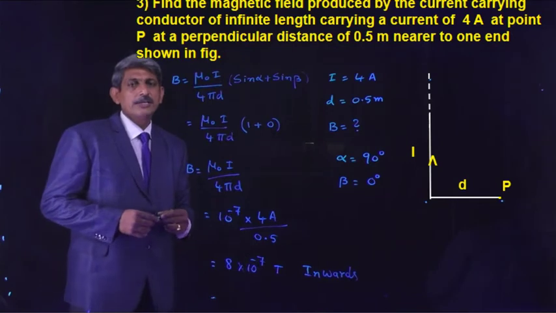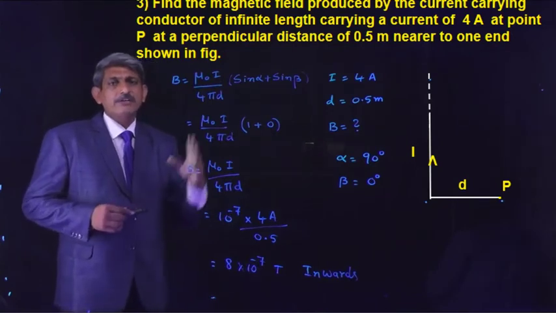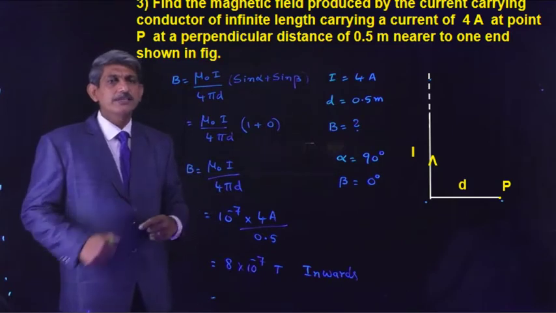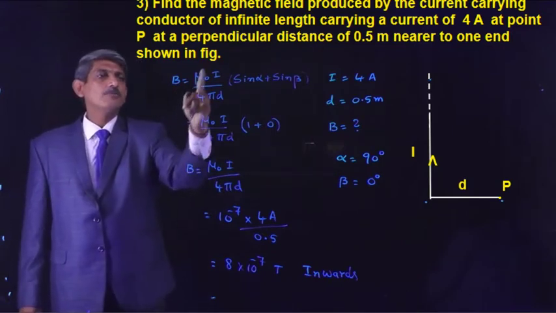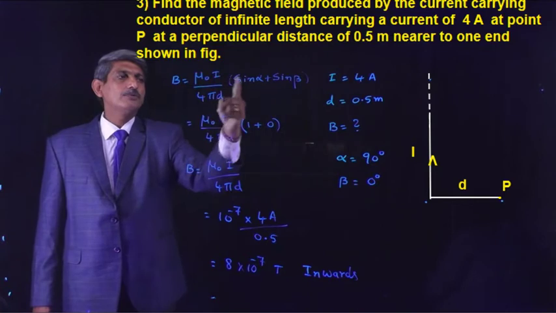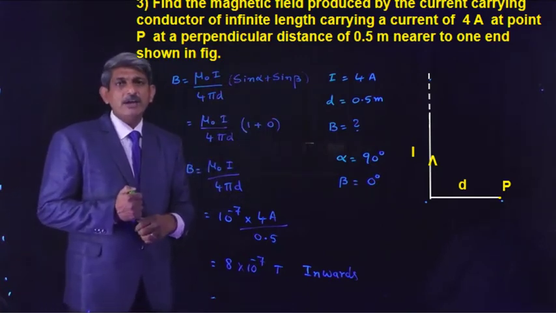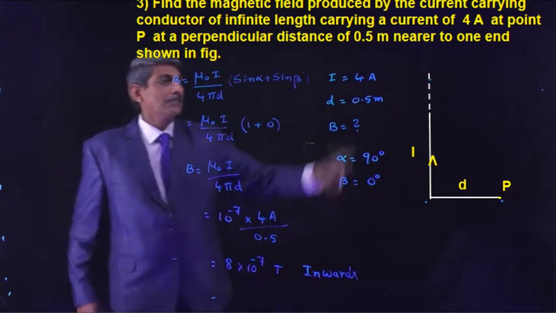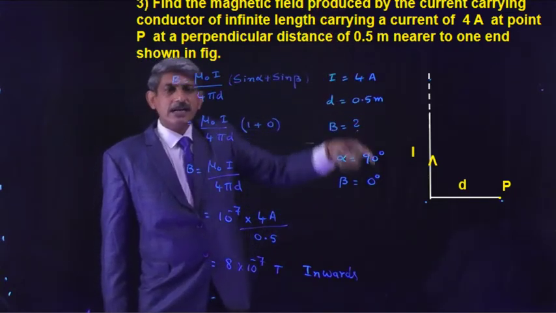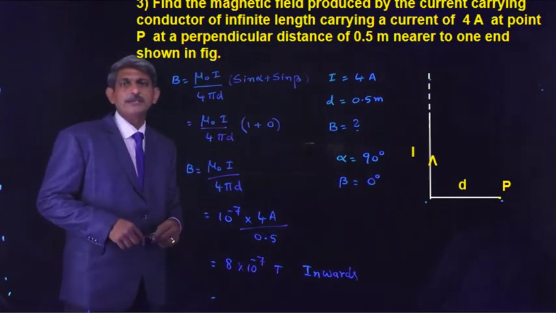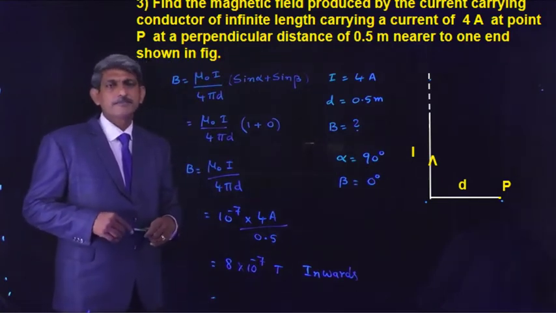Okay, so here we have learned 3 different cases. One in case of the finite wire, that is the general formula B is equal to mu naught I divided by 4 pi d into sin alpha plus sin beta. If we have a wire of infinite length, so that the top end is at infinite distance and the bottom end is also at infinite distance, in that case alpha is equal to beta is equal to 90 degrees.